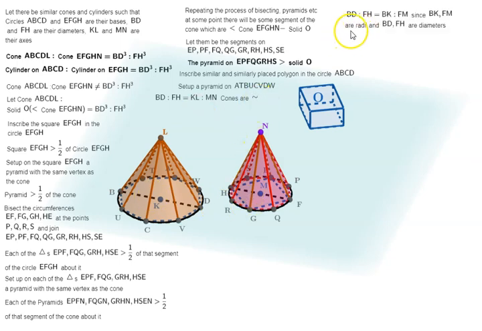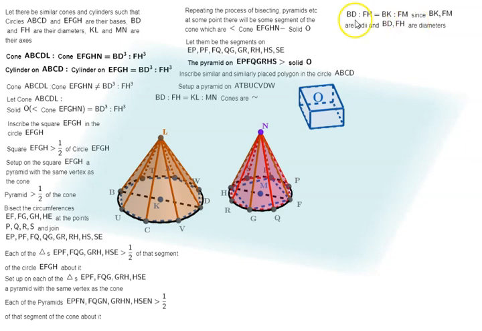Now we also know that BD is to FH as BK is to FM. Pretty straightforward, right? BD is the diameter, BK is the radius, FH is the diameter, and FM is the radius. Since diameter is just a multiple of the radius, we can say BD is to FH as BK is to FM.